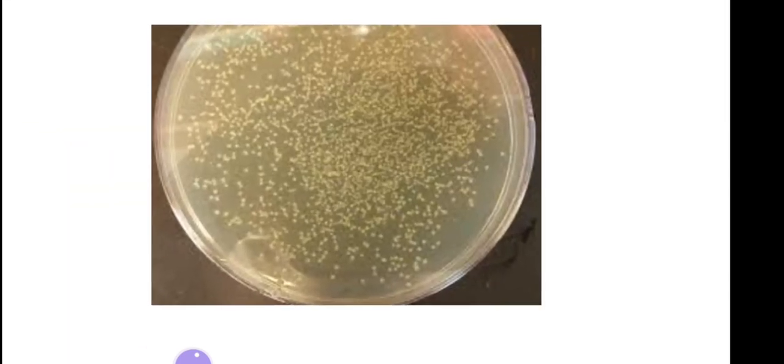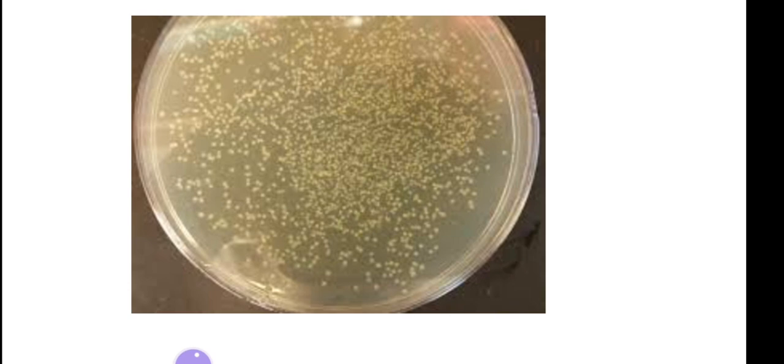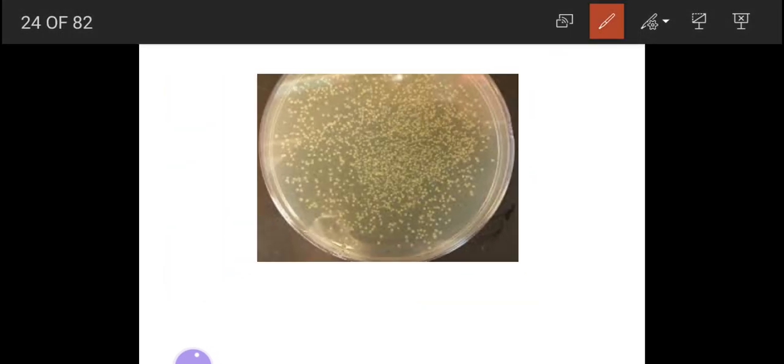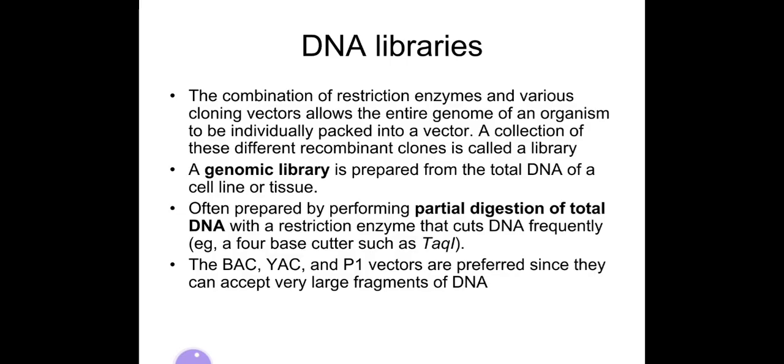DNA library. This is a picture of Petri plates which contain a yellowish media on which small bacterial colonies have grown. I took this picture from the internet to show what type of growth bacterial colonies have on Petri plates.